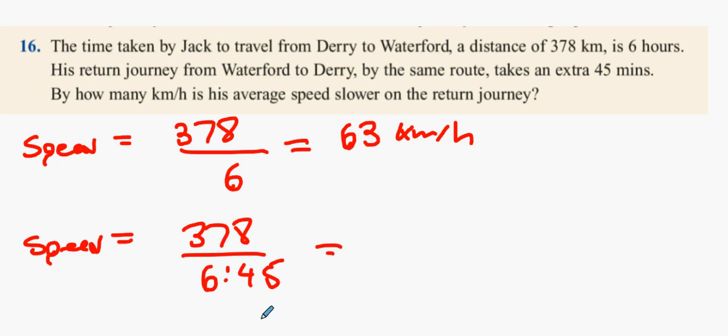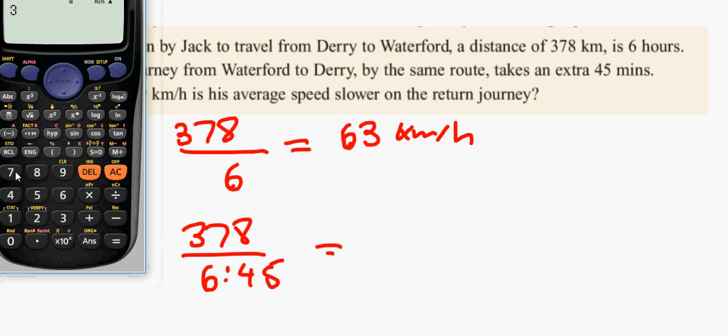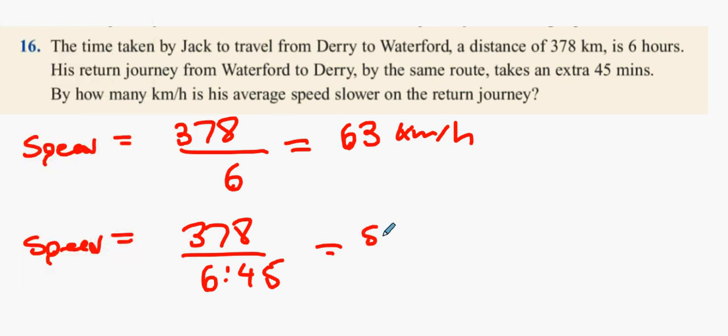What do you get there, guys? 378 divided by 6 hours 45 minutes. 56. And the difference, guys? 7 kilometers an hour. How many people got that one? That's an easy one. Okay, that was one of the easier ones we did. Moving on.